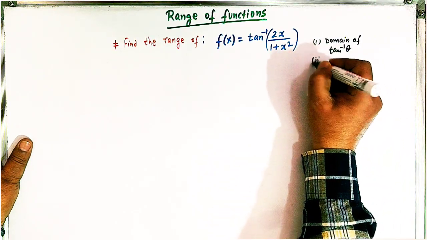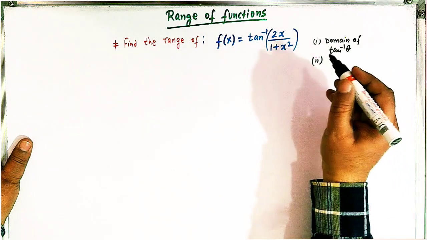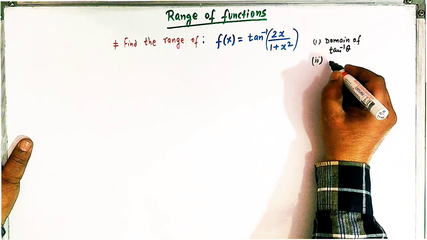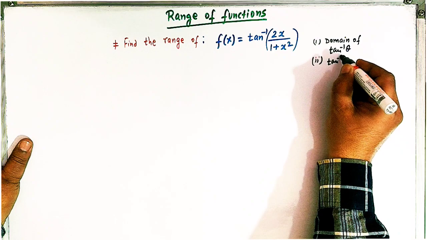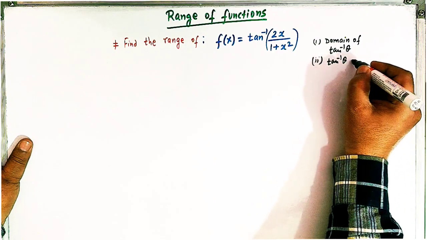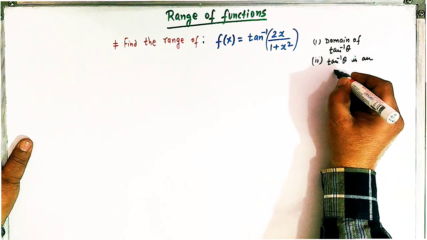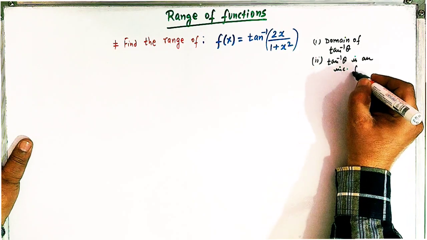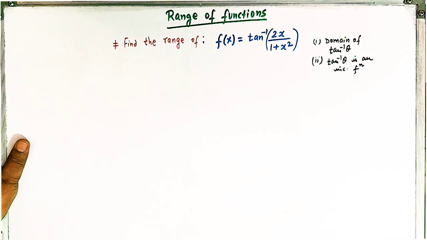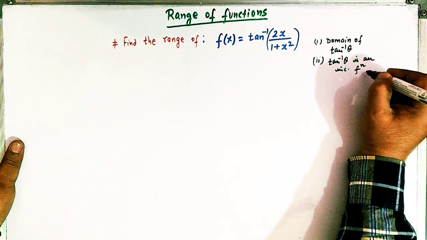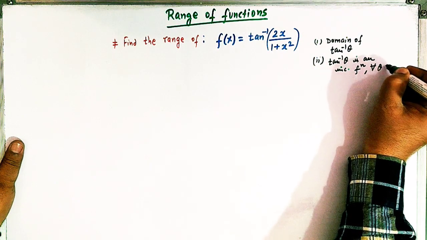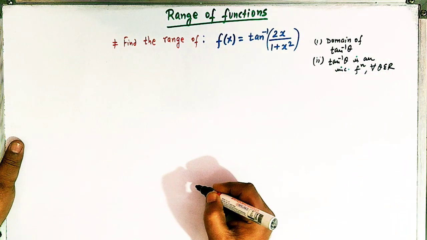And the second concept is the concept of increasing function, and we know that the function tan inverse theta is an increasing function for all values of theta. So here we can write for all theta belonging to the set of real numbers, right?